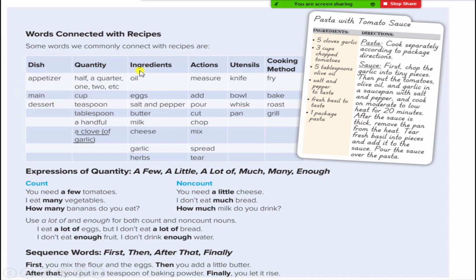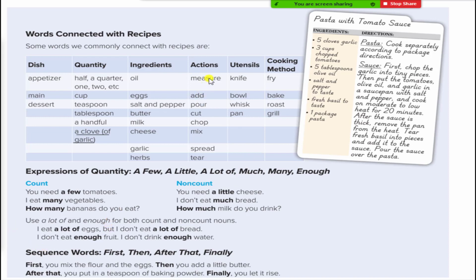Okay. Ingredients, Muhammad. Oil, eggs, salt and pepper, butter, milk, cheese, garlic, herbs. Okay. Thank you, Muhammad.